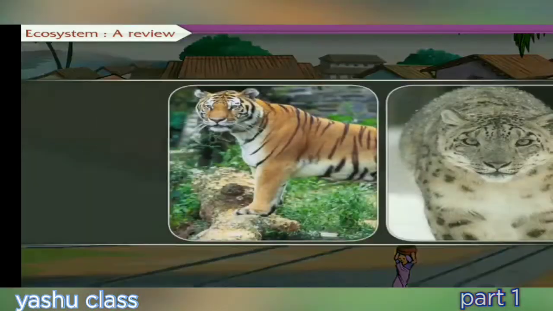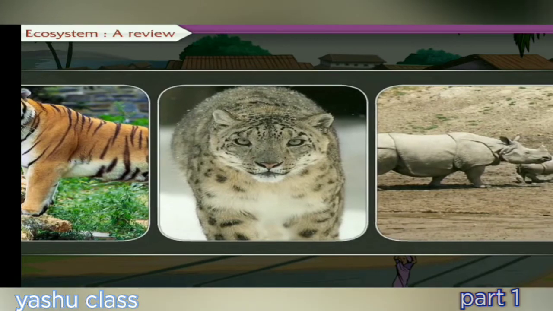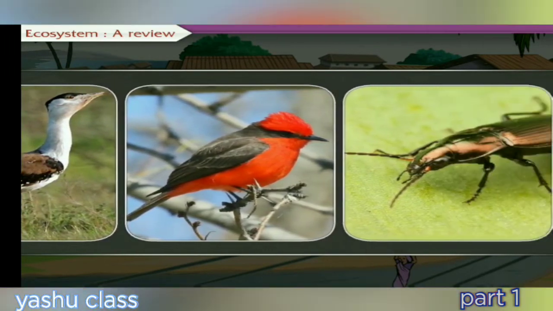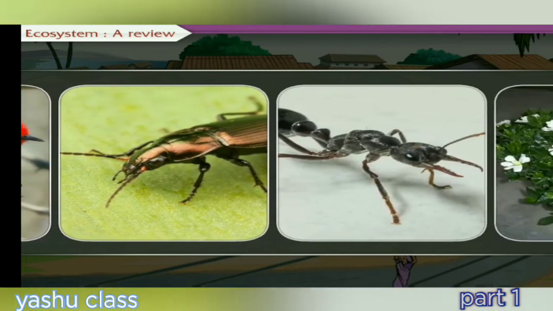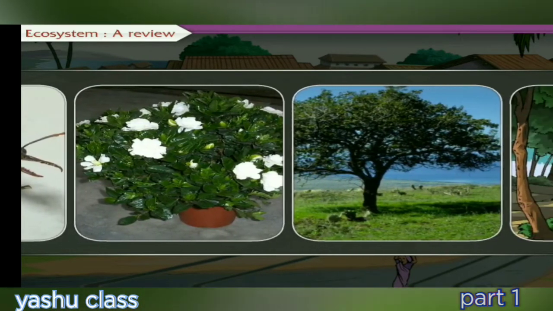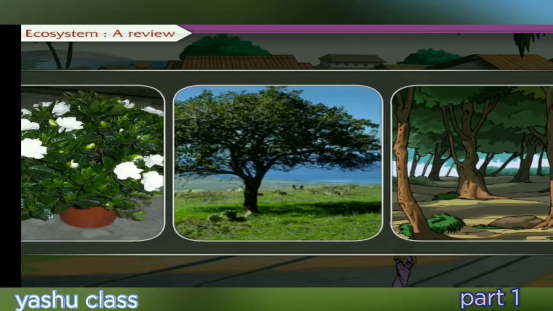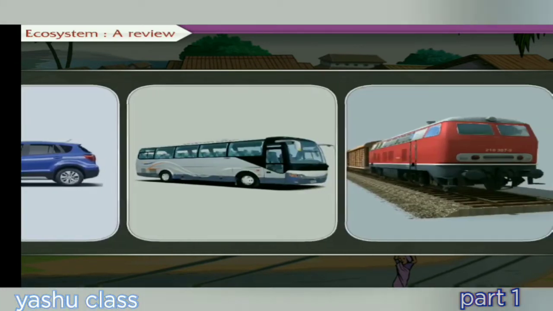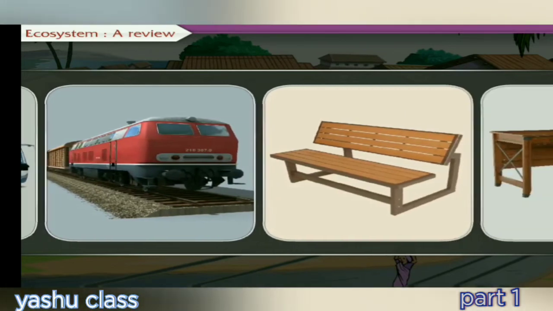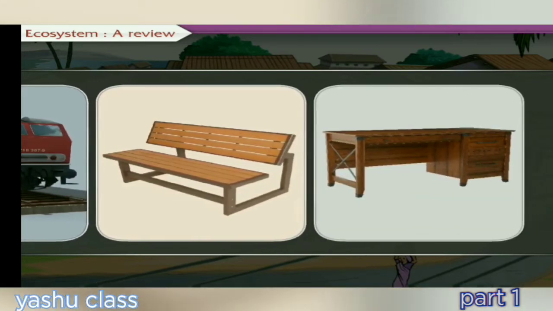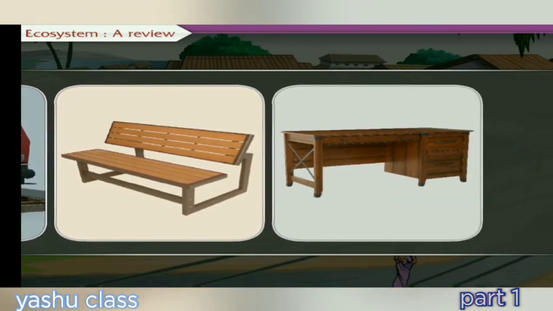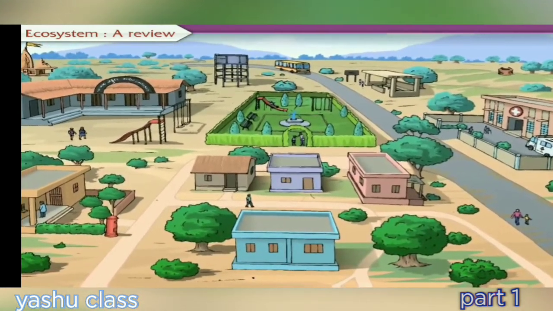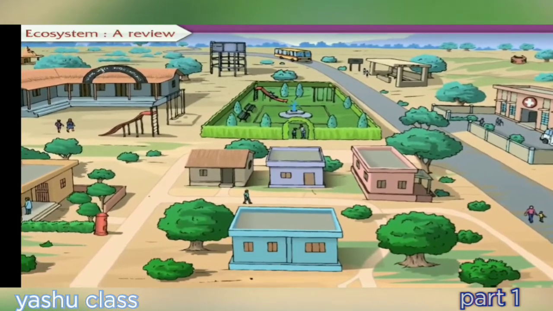It includes different animals, birds, insects, plants, trees, etc. Things like cars, buses, trains, bench, desk also are very much a part of our environment. Come, let us discuss environment and ecosystem in the next part of this chapter in detail.